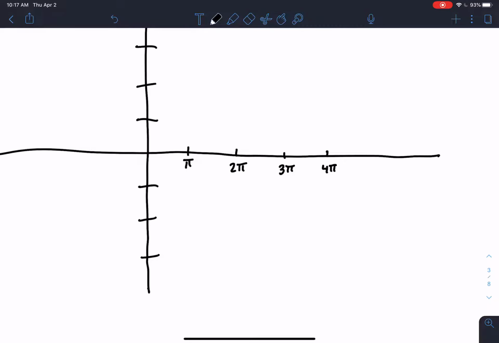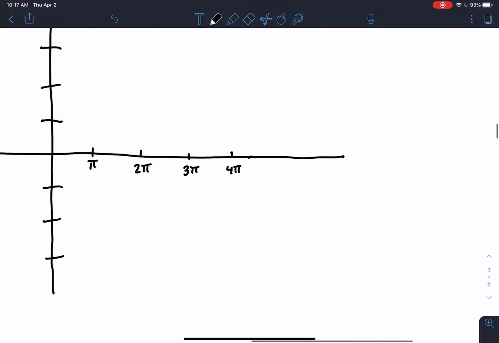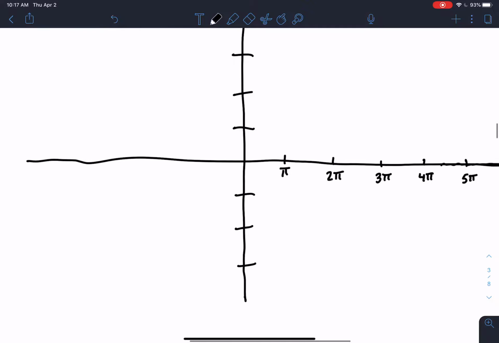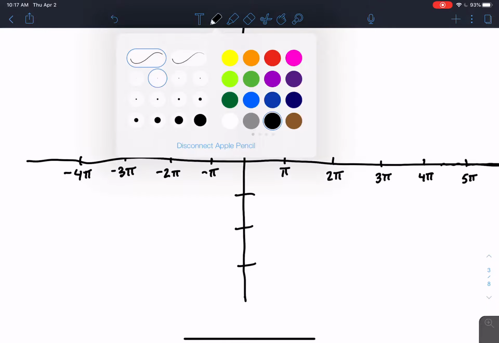And then I'm going to go one cycle to the right, one cycle to the left. So make this a little bit longer. So you have 5 pi, 6 pi, 7 pi, 8 pi. All right, so that's 2 cycles. And then negative pi, negative 2 pi, negative 3 pi, negative 4 pi.